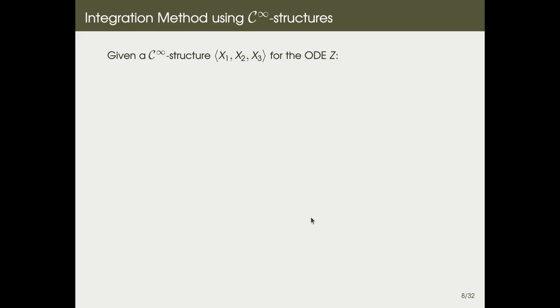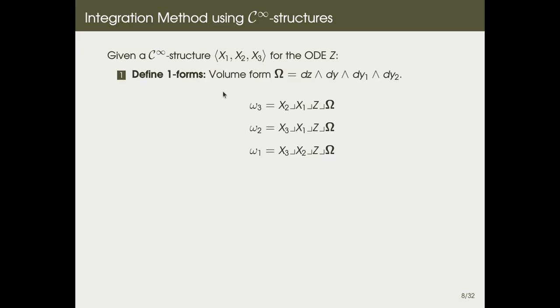Later we'll see how we can obtain a C-infinity structure, but once this structure is found, the process to be followed consists of the following steps. We consider the standard volume form in R4, this capital Omega here, and we define the one-forms omega 1, omega 2, omega 3 by contraction.